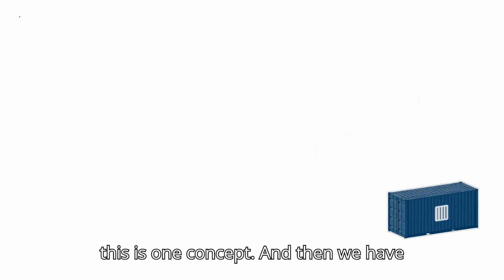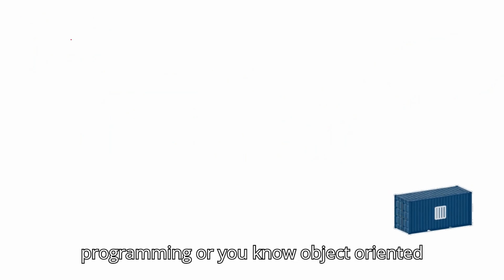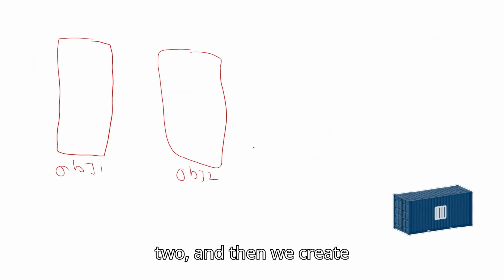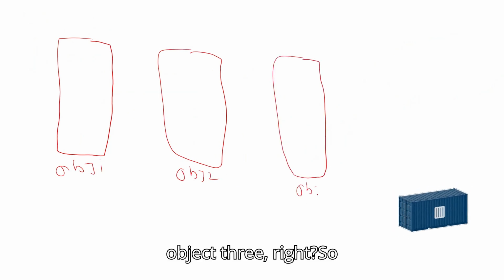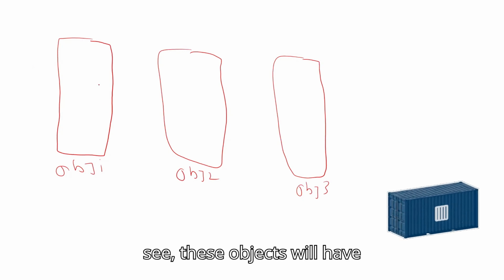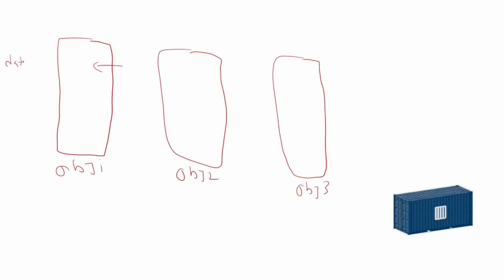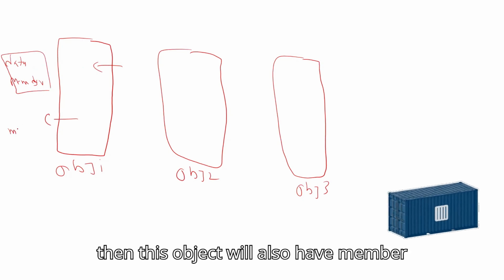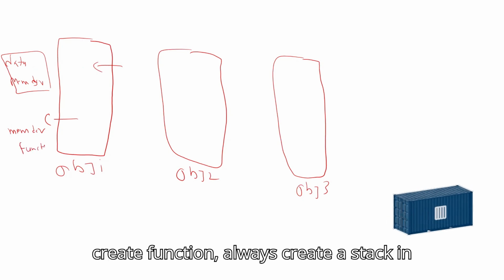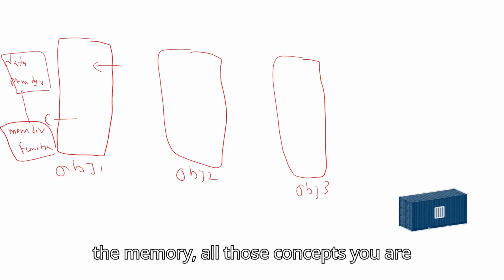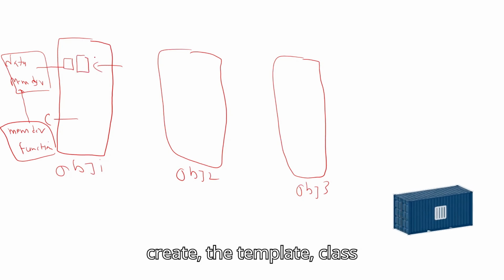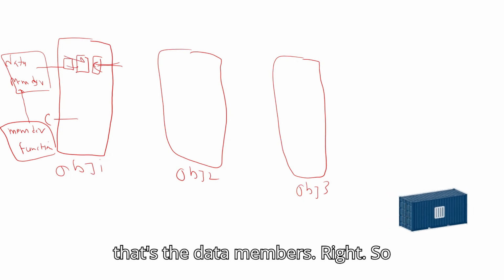Now, there is another concept. In object-oriented programming, we create objects: object one, object two, object three. These objects have data members, meaning variables or member variables, and member functions, which always create a stack in memory.